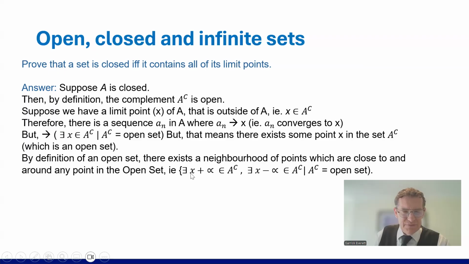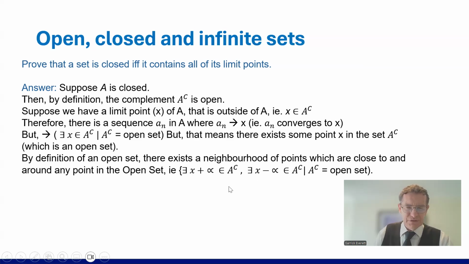So that means there exists an x plus alpha, with alpha being very, very small, which is in A complement. And also, I should have written an and sign there, there exists an x minus alpha, another very, very small one, within A^C, and A^C is an open set.